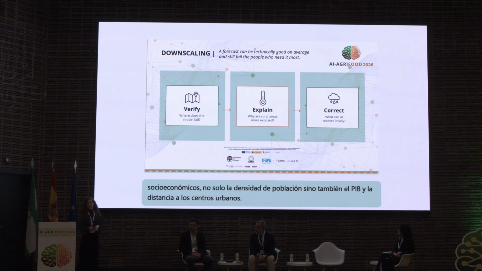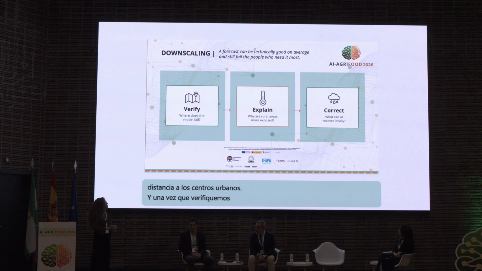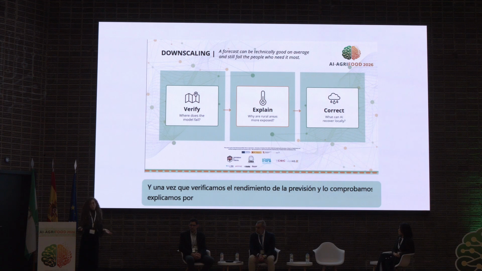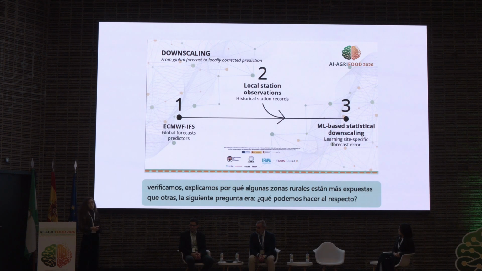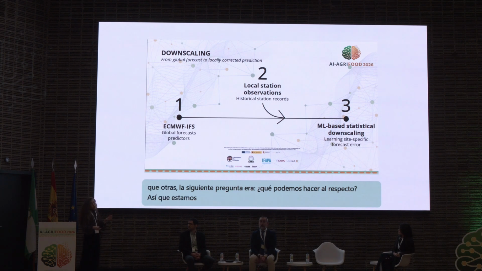And once we verify the forecast performance, and once we explain why some rural areas are more exposed than others, the next question was, what can we do about it? So in this research, we applied a downscaling methodology that combines global forecast data with local station observations.